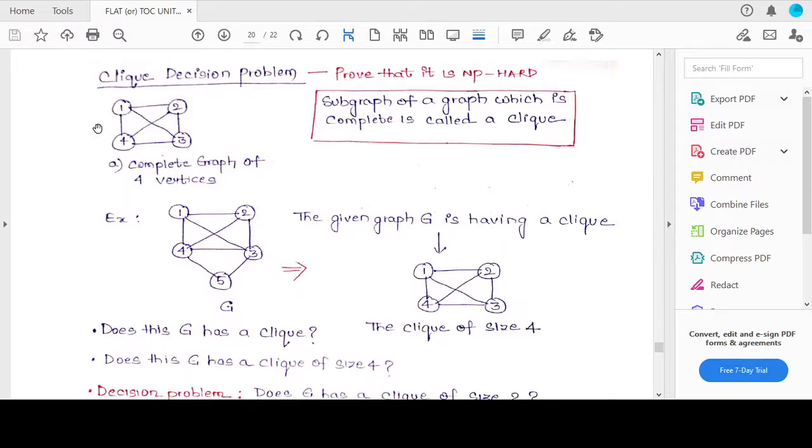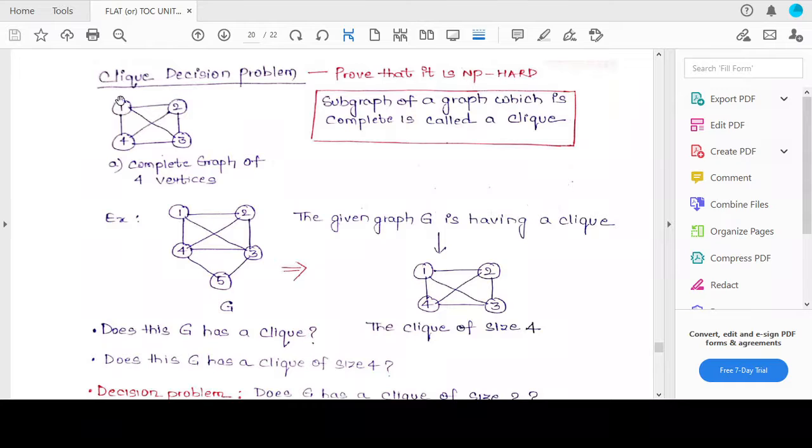If you consider a subgraph of the given graph and the subgraph is a complete graph, then you could say it is a clique. Let me consider the subgraph having the nodes 1 and 2. If all the nodes in the subgraph are connected, then it is going to be considered as a clique. So I am taking the subgraph as 1, 2, so I have the vertices 1 and 2.